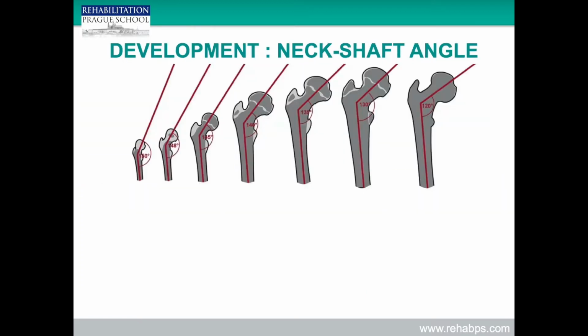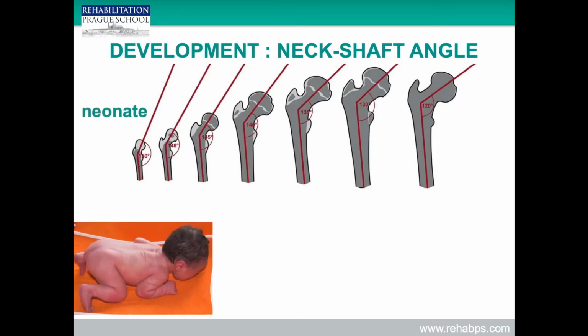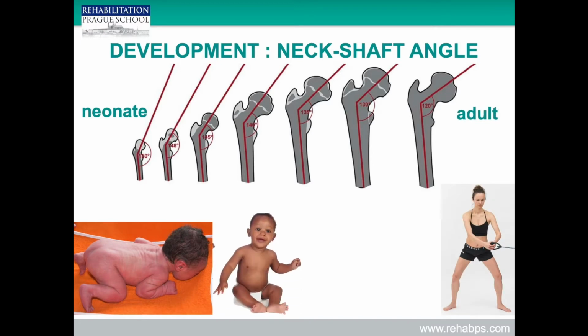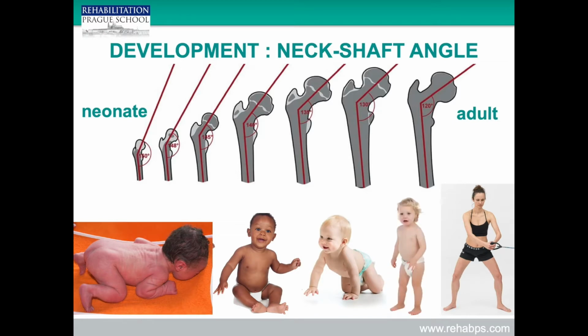Here is an example. What are the differences in shape between the newborn and adult femur? The newborn has a femoral neck shaft angle of 150 degrees, whereas the norm for an adult is 125 degrees. During human development, the muscles are used differently in specific developmental positions, forming the maturing bone as it grows.